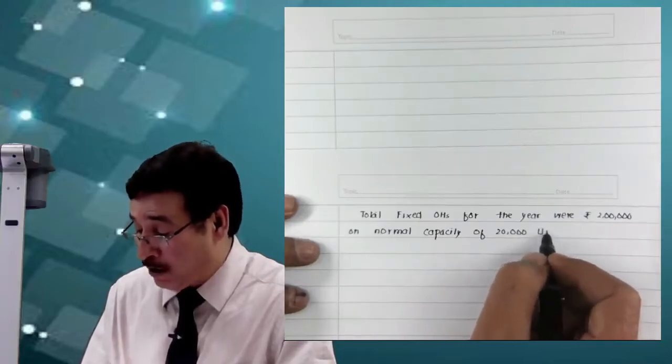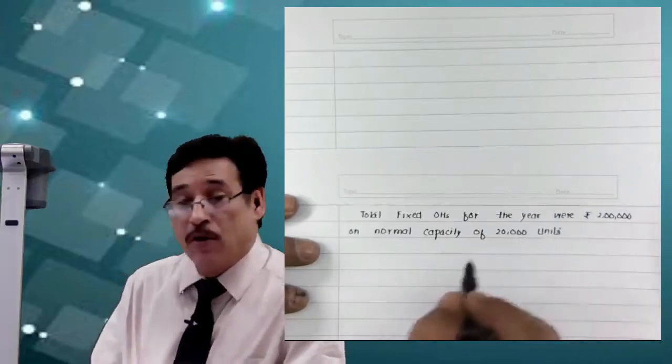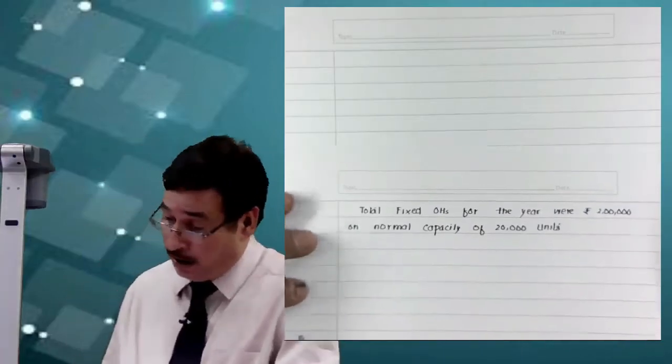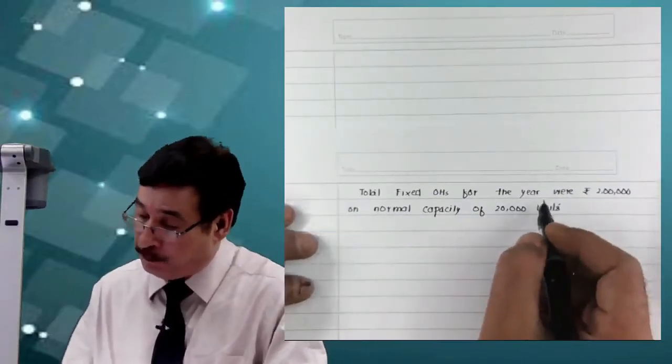So when this entity operates at normal capacity, total fixed overheads are actually 2 lakhs, correct?